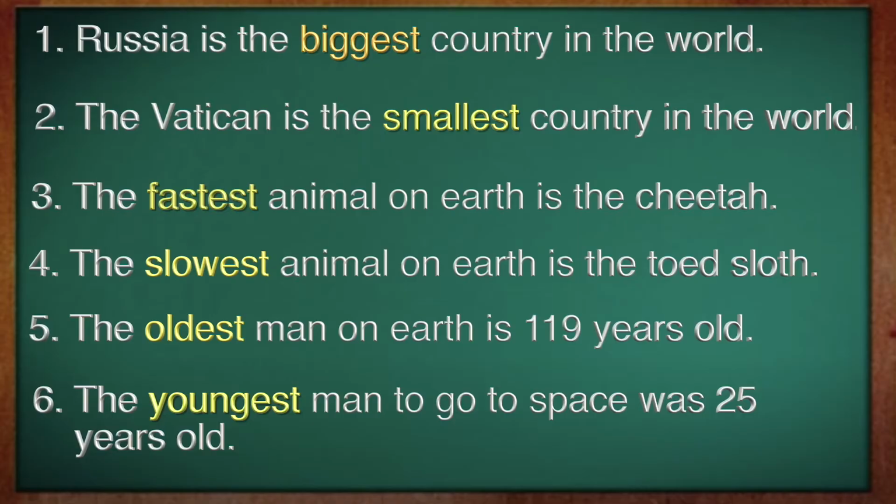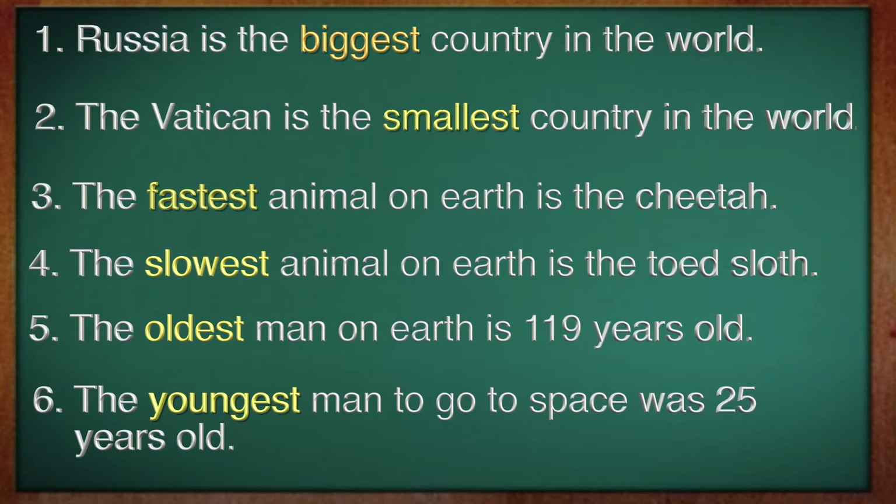Okay, now let's take a look at those sentences again. A lot of you notice that normally you just add est to a word and you make it the biggest or the largest. For example, Russia is the biggest, so the number one biggest country in the world. Or the Vatican is the smallest, the number one smallest country in the world.